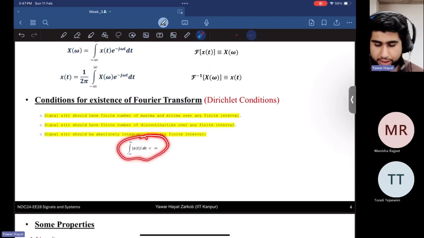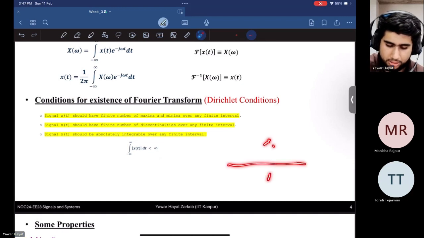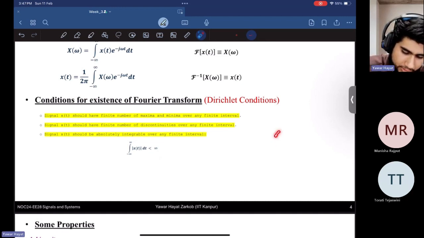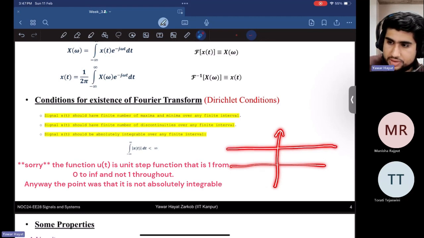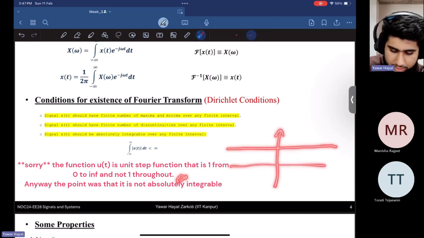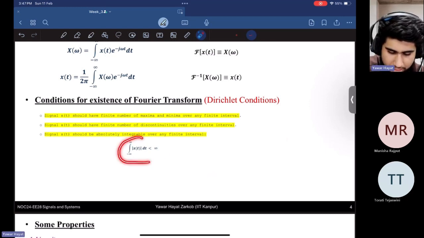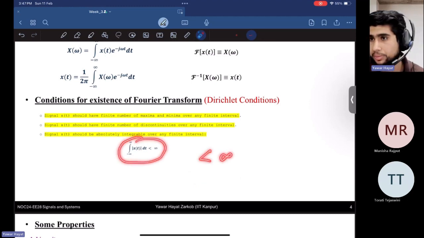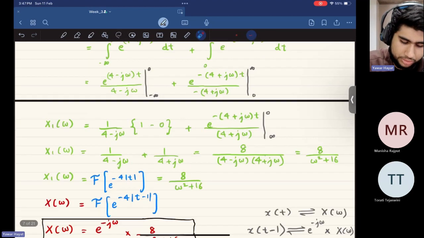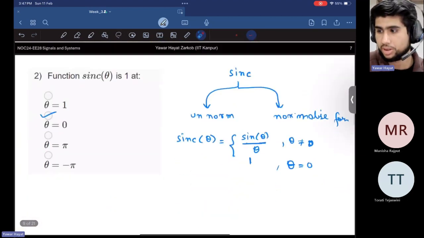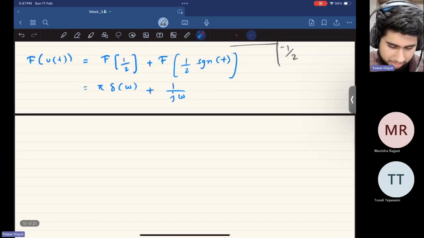The function is 1 throughout, and when you sum it, it would be infinity, not less than infinity. We need this integral to be less than infinity. So that is the reason we were not able to use the original definition in computing the Fourier transform of u of t. But we can do some manipulation.